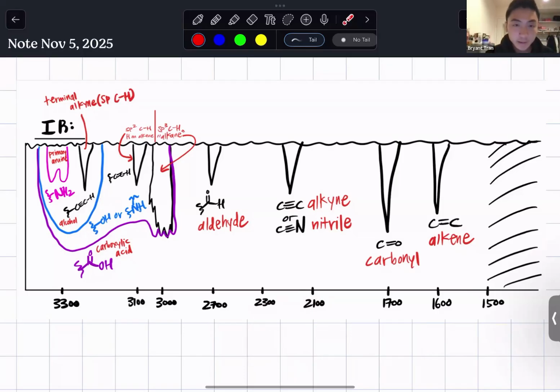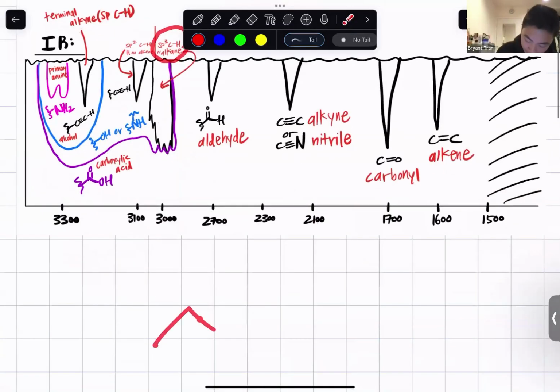Okay. Now, the 3000 peak right here, you're mostly going to see most molecules having this peak because this 3000 peak represents an sp3 carbon to hydrogen bond, right? So if we have this molecule over here, this carbon's hybridization is sp3 hybridized.